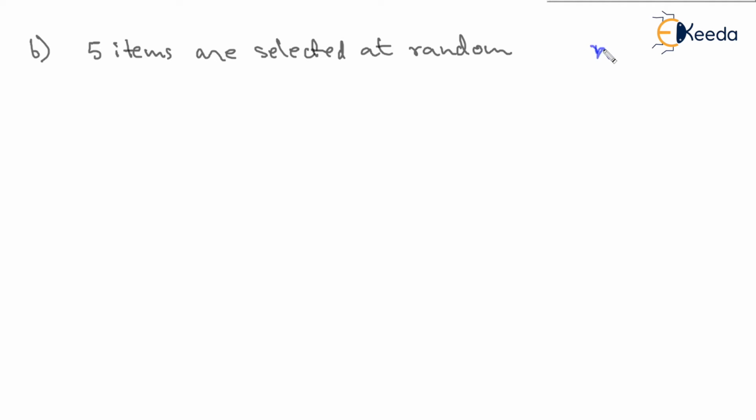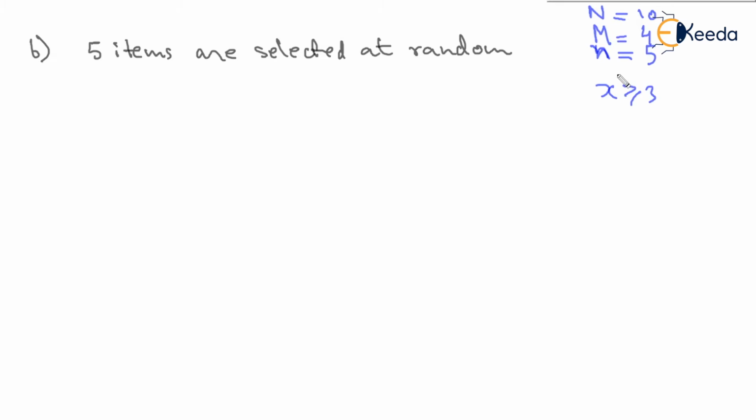Small n becomes 5. We are actually choosing 5 items, not 4 items anymore. And the remaining conditions are the same. That is, x is still greater than or equal to 3, capital N is still 10, m is still 4.